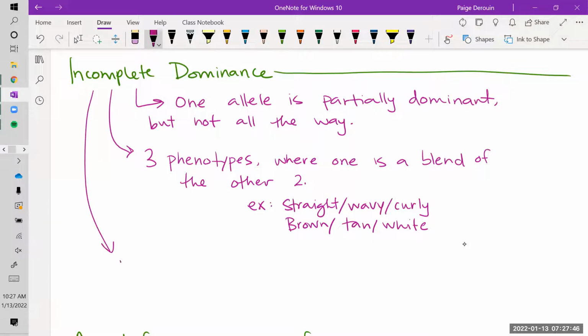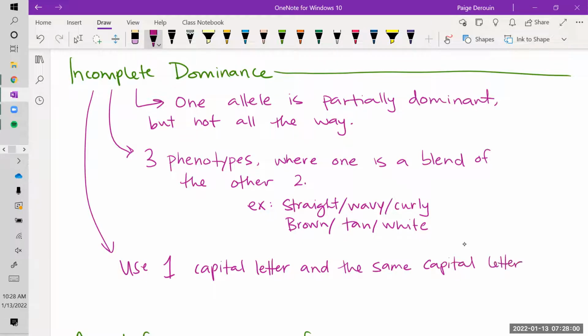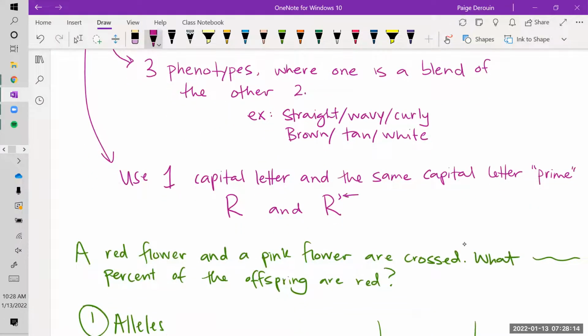So use one capital letter and the same capital letter, quote prime is what it's called. And what this looks like is R and same capital R with an apostrophe after it. That's the prime. And again, I don't know why it's called that, but it is.